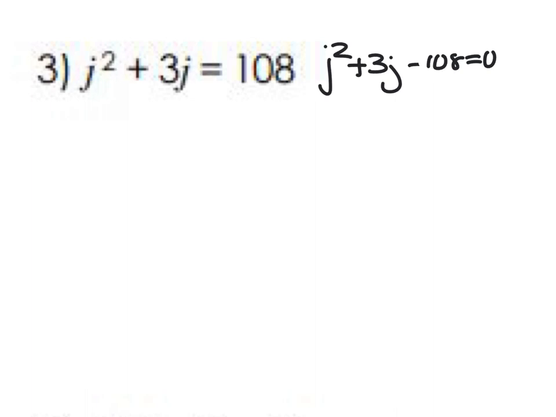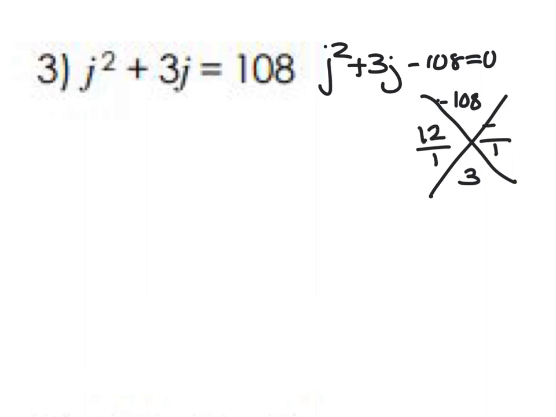If I put in my calculator under y equals, negative 108 divided by x, and then go to my table, I look to see if any of those pairs can add up to 3. I can see a pair that will work: 12 times negative 9 is negative 108. If I add those together, I get positive 3.